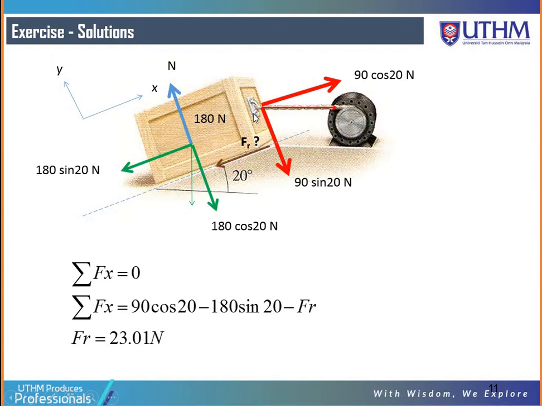We are taking the right-hand side as positive, because we are expecting the motor and gearbox to pull the box to the right-hand side. So this is negative, and this friction force is also negative. The answer we get is that the frictional force acting to the left-hand side is 23.01 Newton.